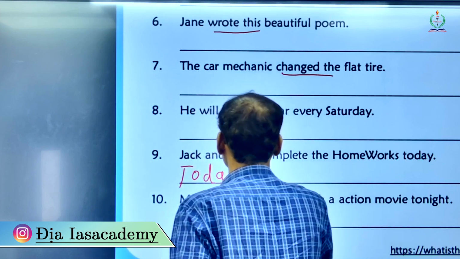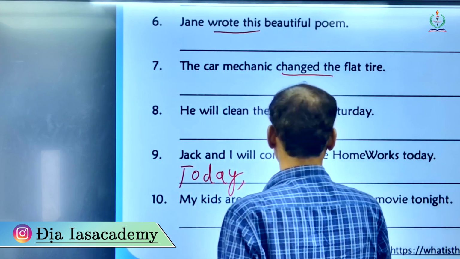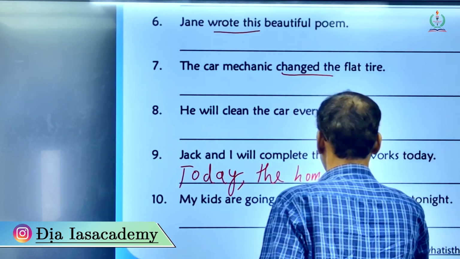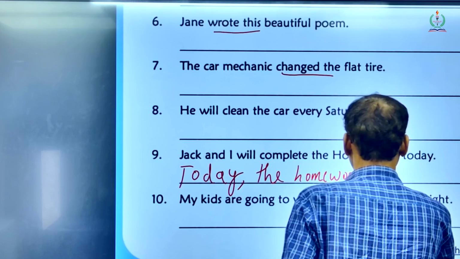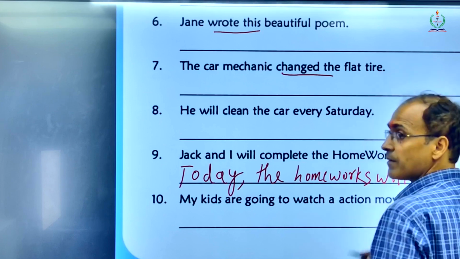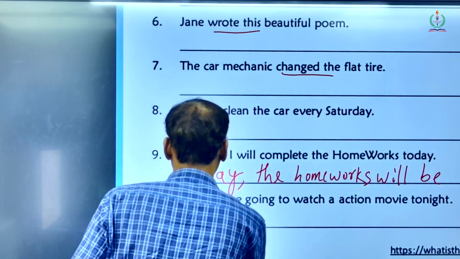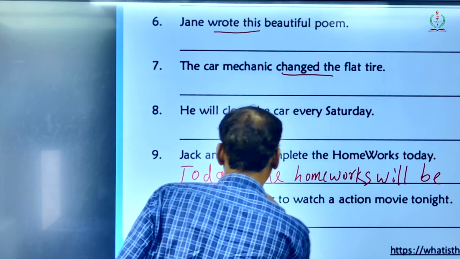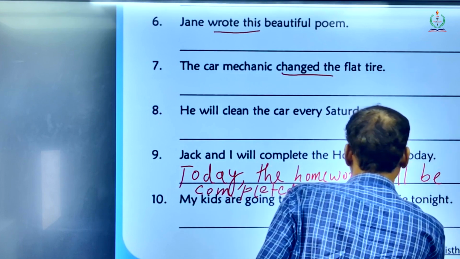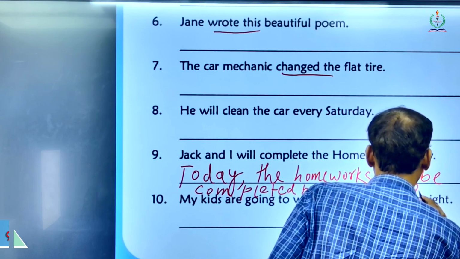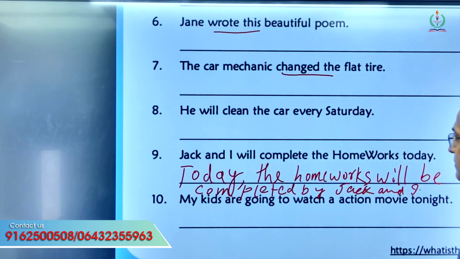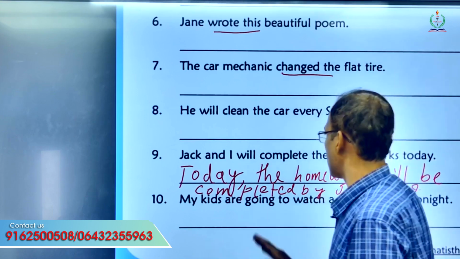Today, the homeworks will be completed. It will be completed by Jack and I. Or it can be written in this way also.